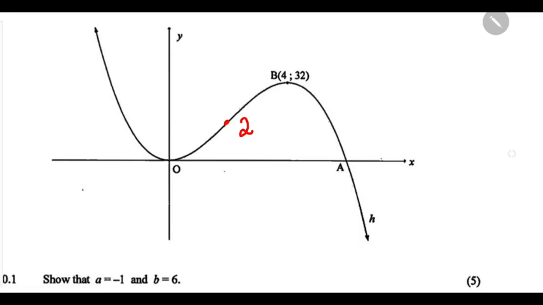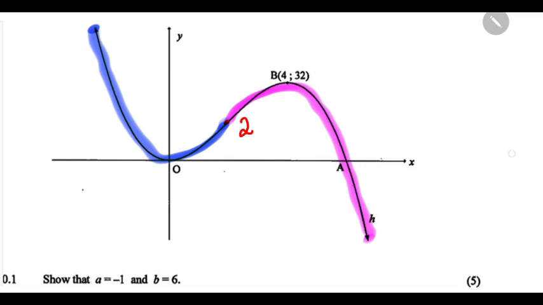So now I can give the answer. I need to see where the second derivative is negative and positive. Concave down is negative, concave up is positive. So this graph is concave up till this point of inflection, and the graph is concave down from the point of inflection onwards.